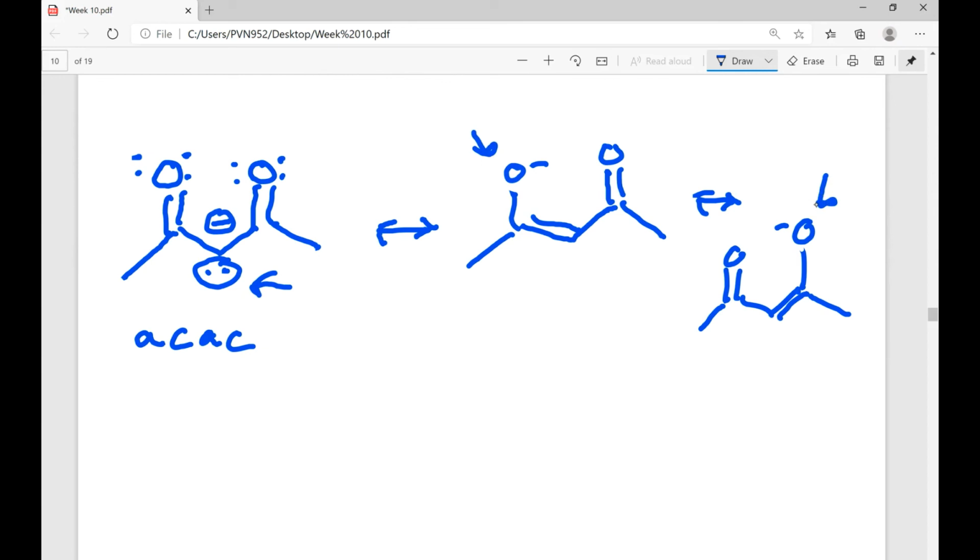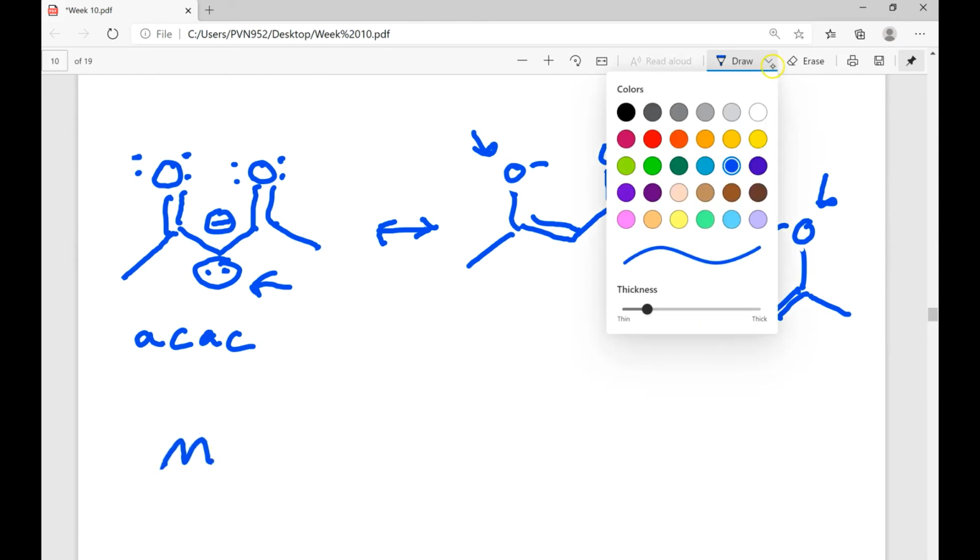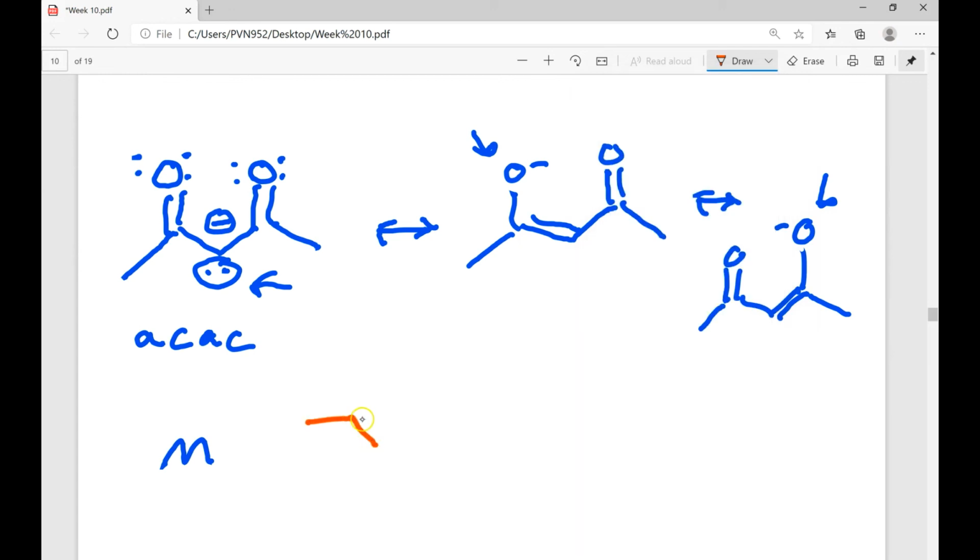So the way the ACAC ligand can interact with the metal is as follows. So imagine if we have a metal and we have our ACAC ligand. Like the acetate anion, the metal will interact with this Lewis base. So the metal here is acting as a Lewis acid.